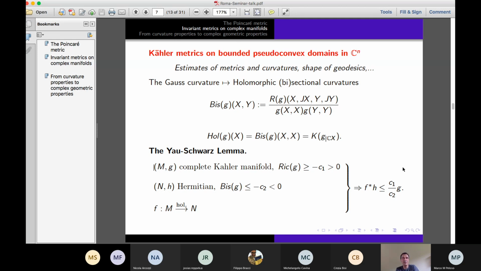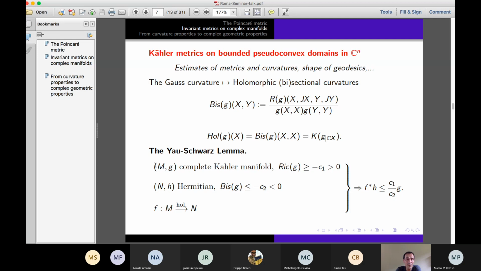Just a remark here. Imagine M with G is just the unit disk with the Poincaré metric. You consider a holomorphic map from the unit disk to some Hermitian, even a complex manifold N, or even a Kähler one.